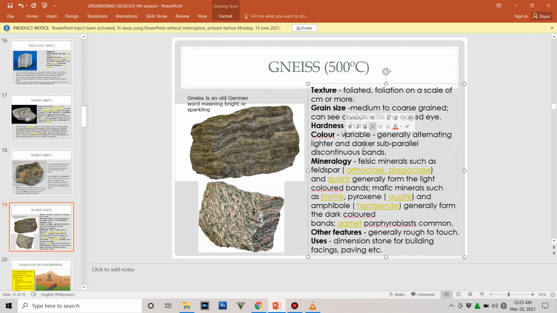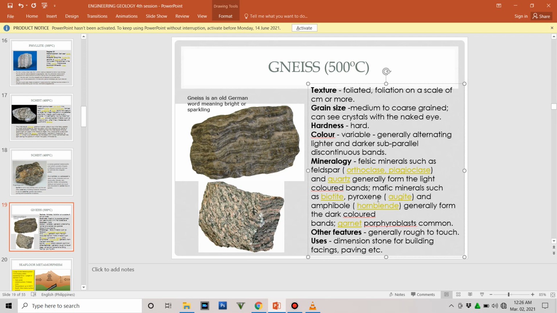So, the color varies. Generally, alternating lighter and darker. So, madali siyang ma-determine. Basta may combination ng lighter and darker, tapos matigas siya with a stripe color, then we can identify that it is a gneiss metamorphic rock.